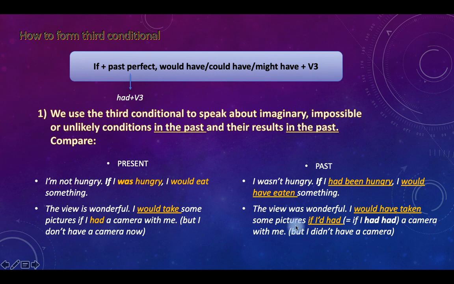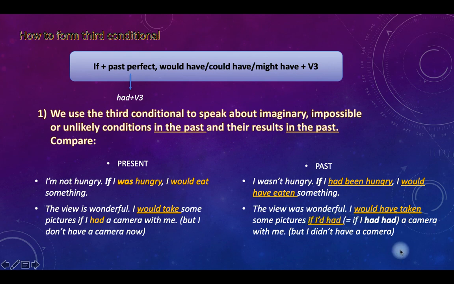But at that time, I didn't have a camera. So I'm just thinking about unreal conditions now. Kameram olsaydı resim çekebilirdim. If I'd had, this is a contracted form of had. If I had had, this is what we are actually saying here.